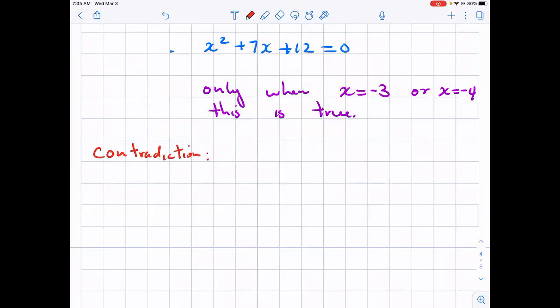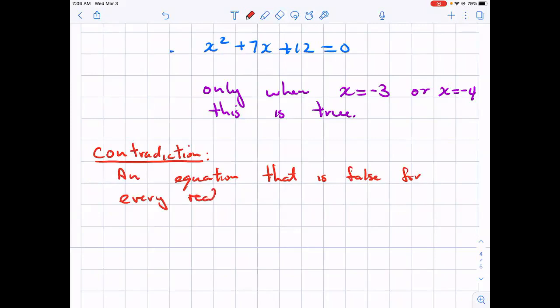Okay, a contradiction. A contradiction is an equation that is false for every real number in the domain.